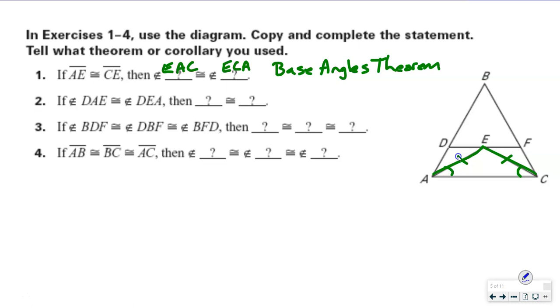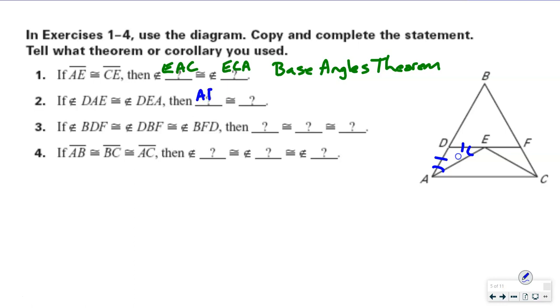If angle DAE, I'm going to erase what we previously did. So I'm looking at angle DAE is congruent to DEA. So DAE is congruent to DEA, that's going the other way. Then it follows that we're talking about these sides, AD and ED, being congruent.